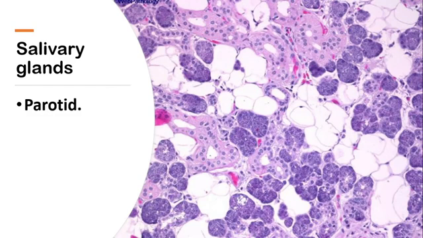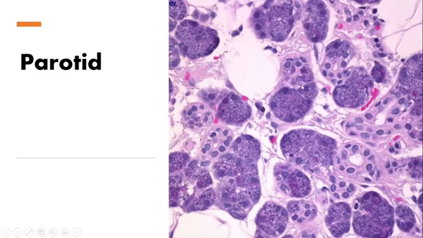The parotid gland is composed mainly of serous acini, secreting amylase, trypsin and chymotrypsin to initiate carbohydrate digestion within the mouth. These are the excretory ducts lined by cuboidal epithelium, and lobules of mature adipose tissue are normally present within the parotid parenchyma.